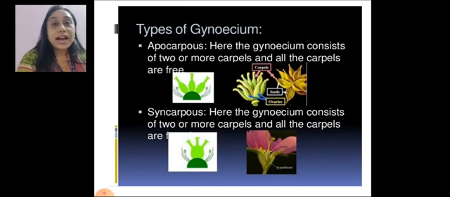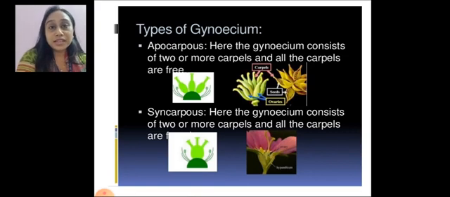If a flower has more than one carpel or pistil, remember students, we have been studying till class 10 that a flower has only one carpel or one pistil. We are drawing that diagram only, but it is not in reality. In reality, there are certain flowers which have more than one carpel or pistil. Now, how are these carpels or pistils arranged?